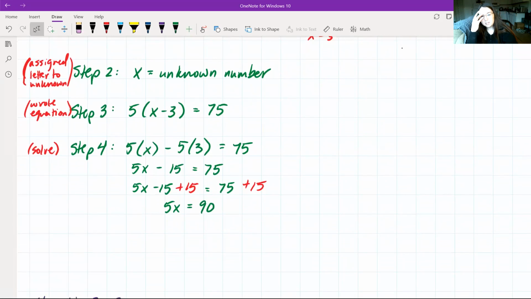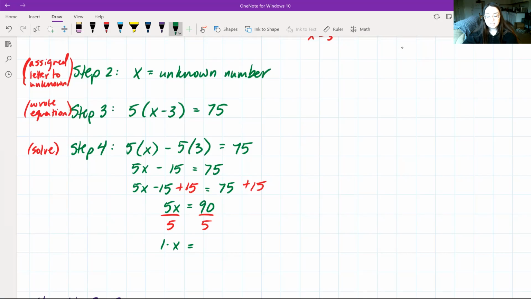And now we have our x terms isolated to one side, we have our constants isolated to one side, and now we just need to divide each side by 5 in order to solve for x. So let's do this in red. Divide each side by 5. This is going to give us 1 times x is equal to 90 divided by 5.